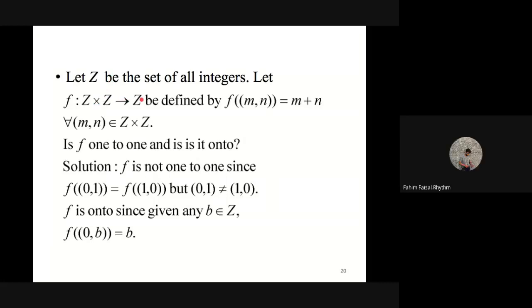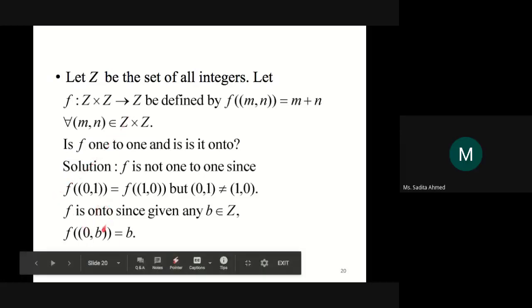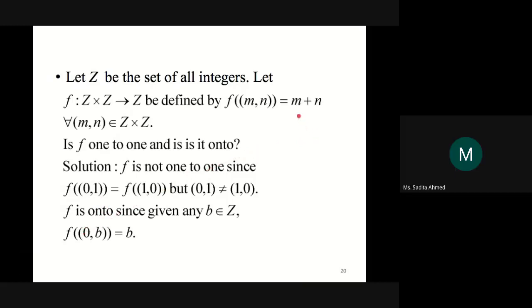Now, instead of setting m to 0, what if we set n to 0 and m to b? And what is b minus 0? b.